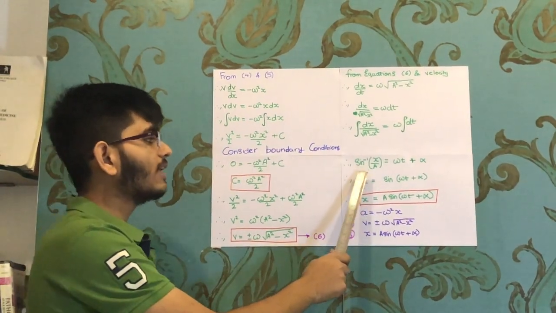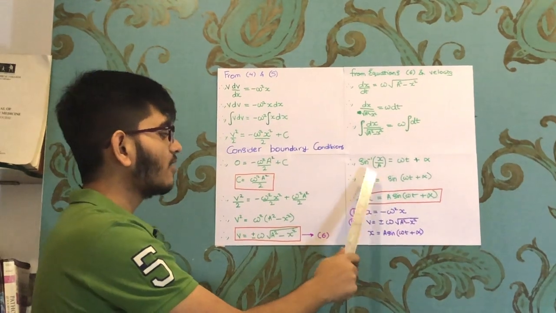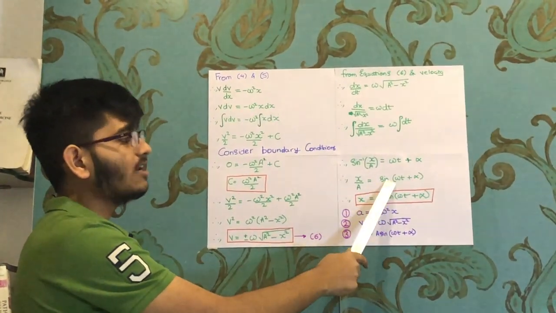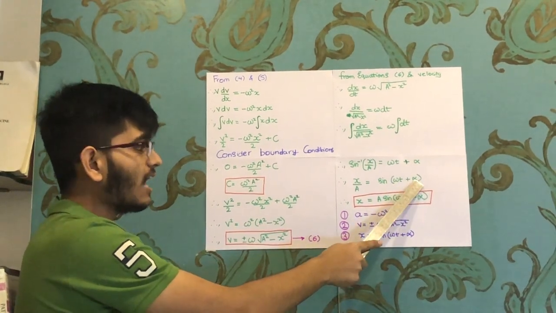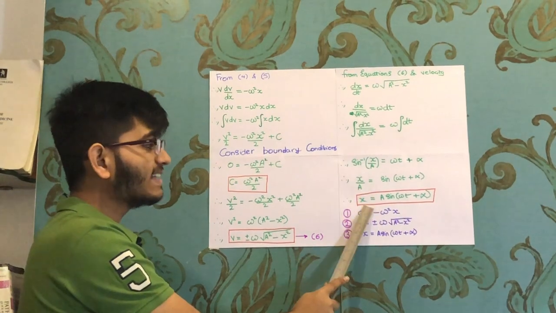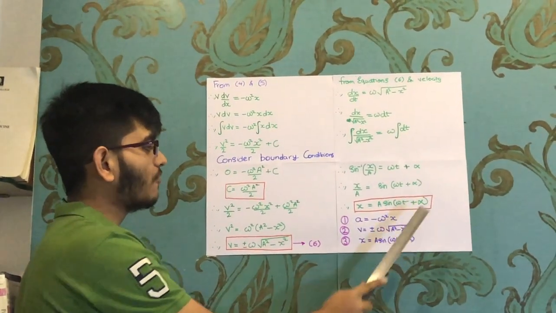Therefore, taking sine on the RHS, we get x by a is equal to sine of omega t plus alpha. Multiplying a on both the sides, we get x is equal to a sine omega t plus alpha.